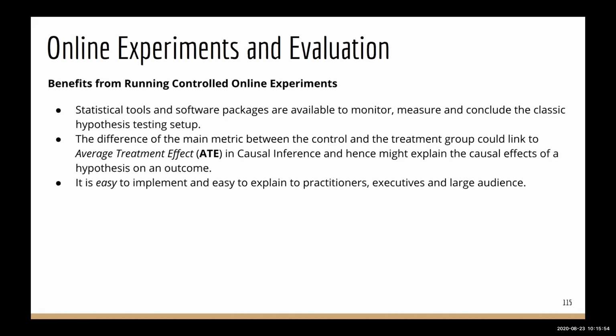Back to the color of the button example: if there is a difference in the conversion rate, then with certain assumptions, you could conclude that it is due to the color of the button. This property is really nice because it gives the decision maker, or practitioners, an idea of how exactly your idea would improve the metrics. You like that explainability, that transparency of how good or bad your ideas are.